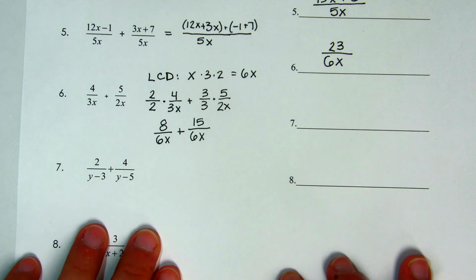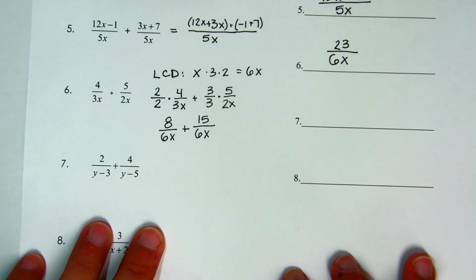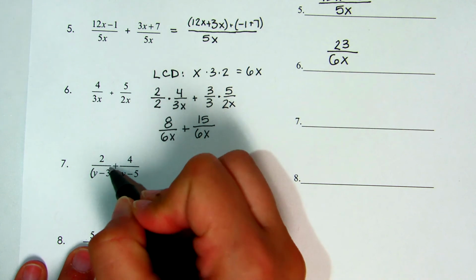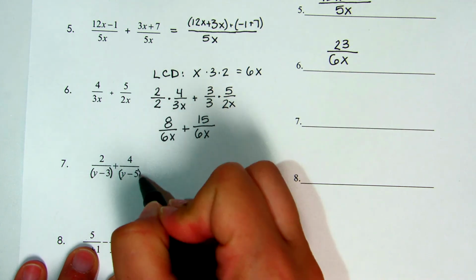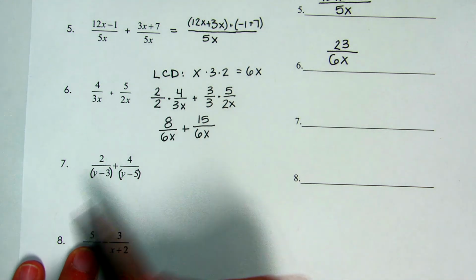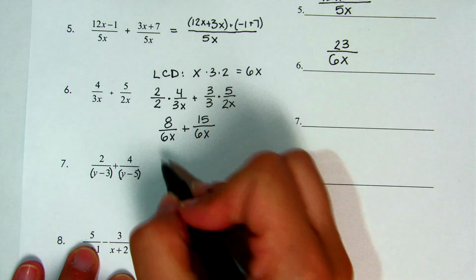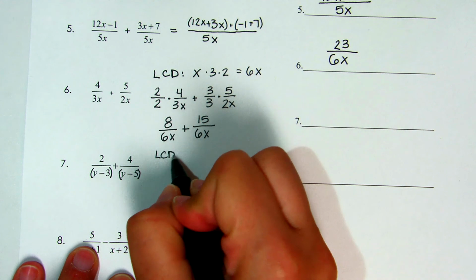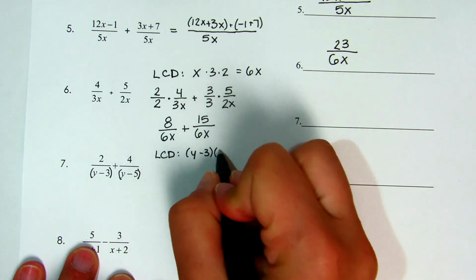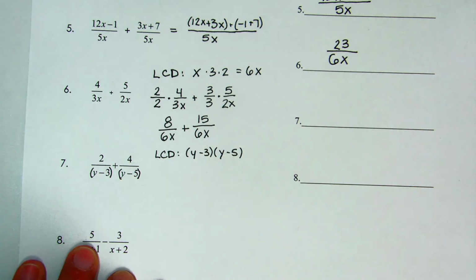Number 7, I have unlike denominators. Now, remember when we have x plus or minus y plus or minus, they're one unit. I can't say, oh, they have a y in common. All right, so my least common denominator, since they don't match, is going to be one of each. y minus 3 times y minus 5.